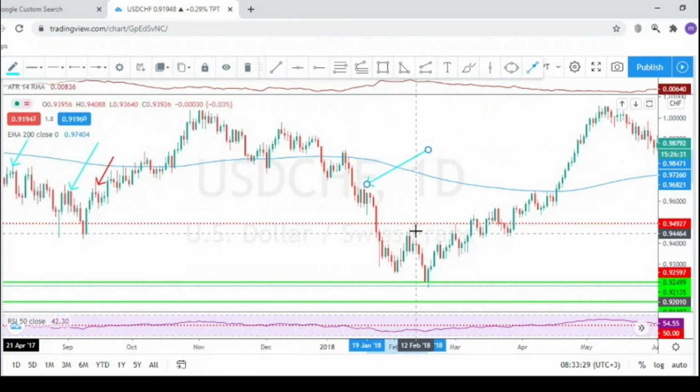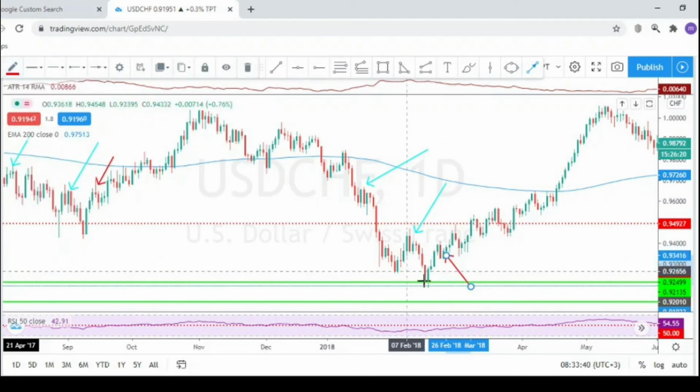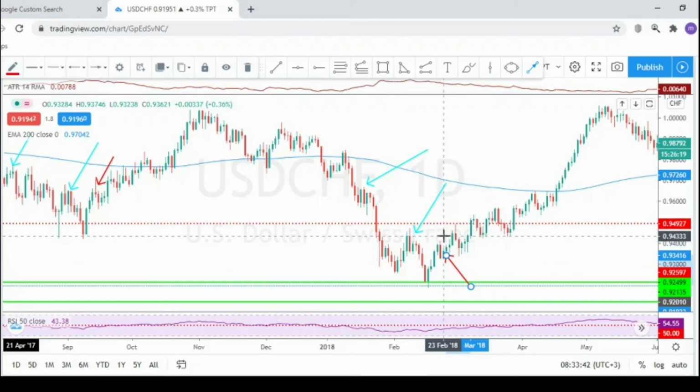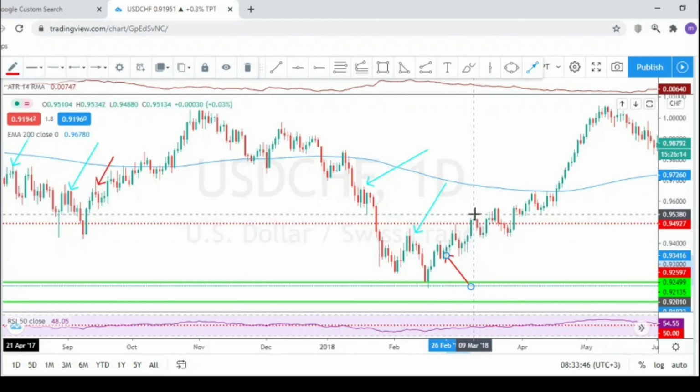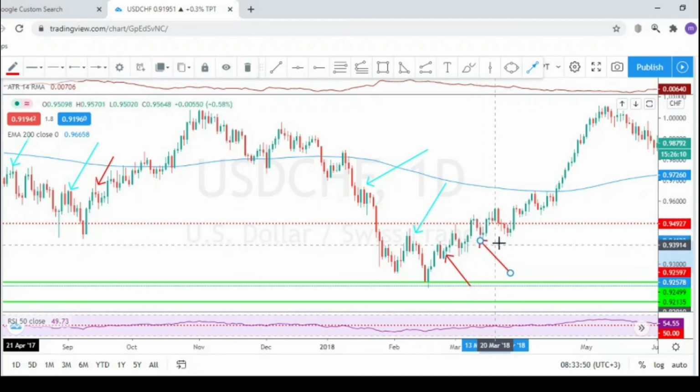Again, made a pullback, continue to the downside, this would be our win. Made a pullback but failed to continue to the downside, this would be our loss. Would be stopped out here. Again, made a pullback up but continued to go to the downside, this would be another loss.